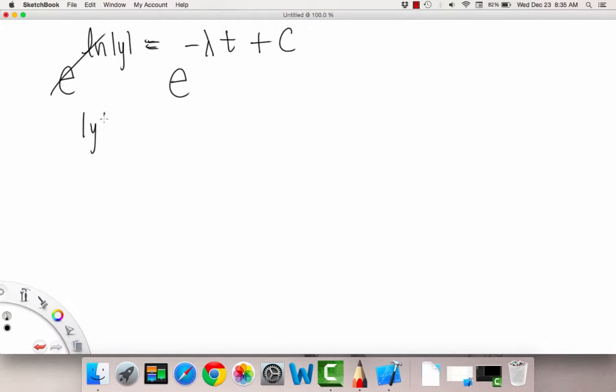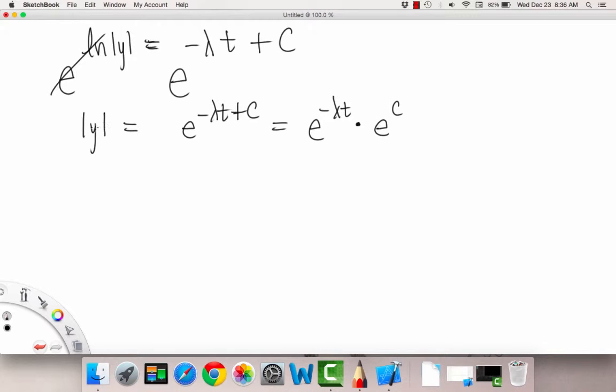We're left with the absolute value of y equal to e to the negative lambda t plus c. We can use the laws of exponents: when exponents are being added, we're multiplying the two quantities, so e to the negative lambda t times e to the c.